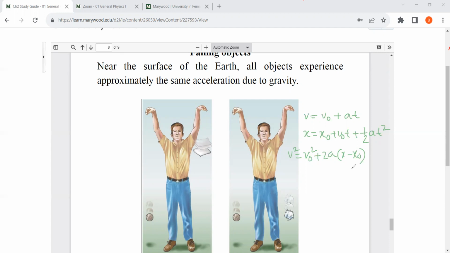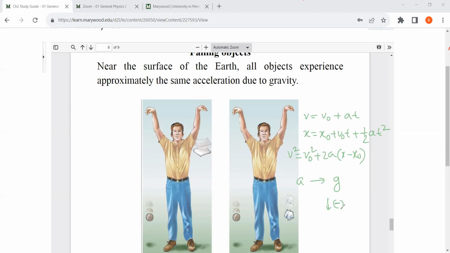Now, when we deal with the falling object, and if we ignore the air resistance, then a is basically the gravitational acceleration. And the sign of the gravitational acceleration is downward. Downward means negative.